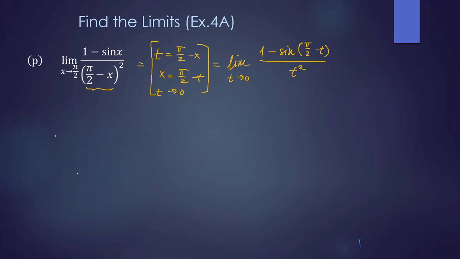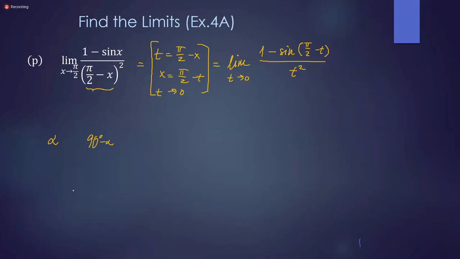We did discuss this a few minutes ago for tangent, but in principle, we already used it before when we were discussing the angle between a line and a plane. What was cosine for one angle was sine for the supplementary angle. So this sine of pi half minus t is actually cosine of t.